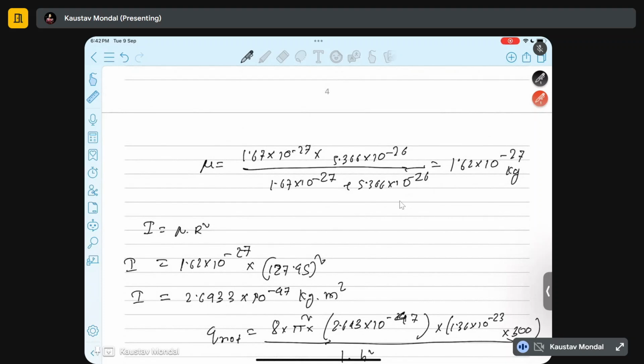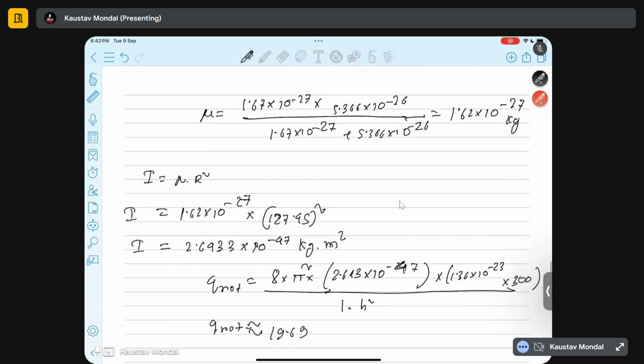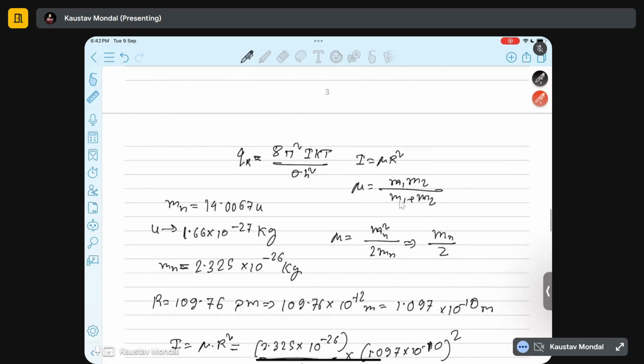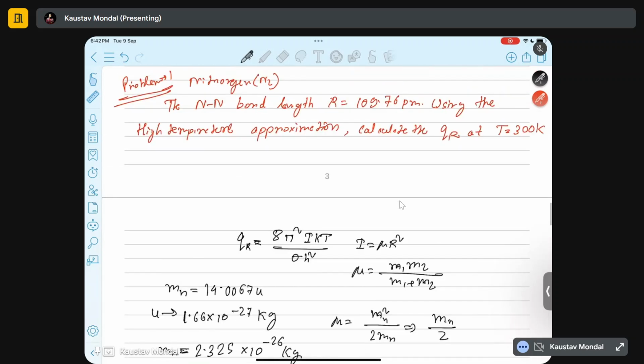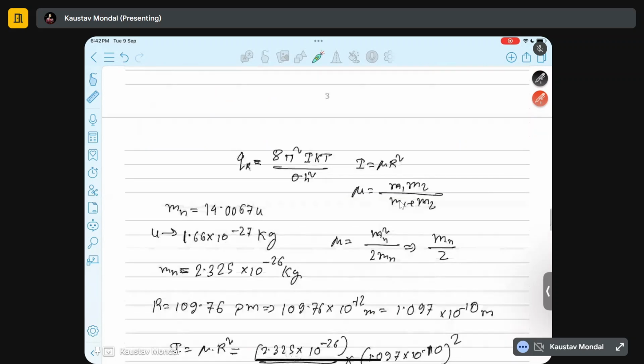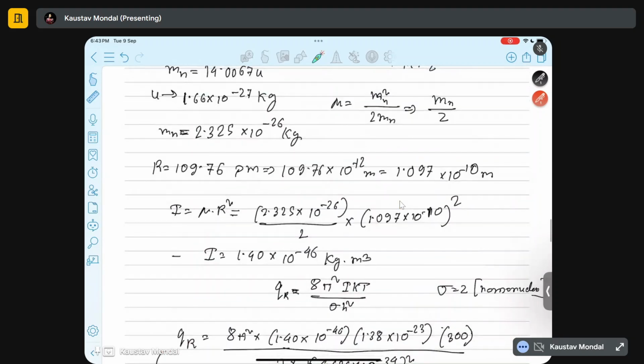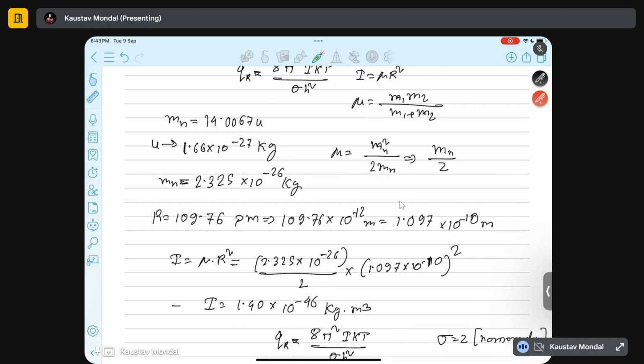In the expression of the rotational partition function, we started by evaluating the reduced mass mu.